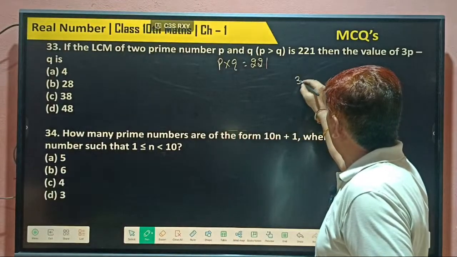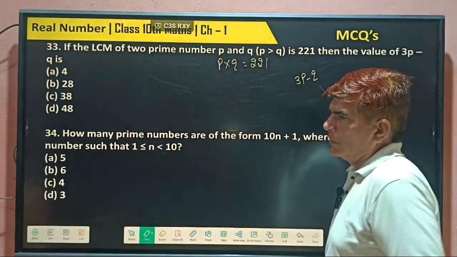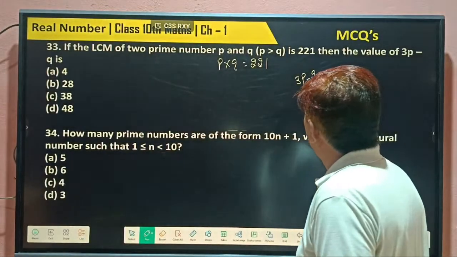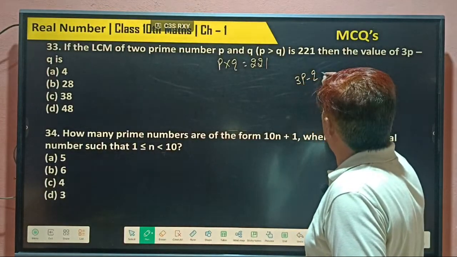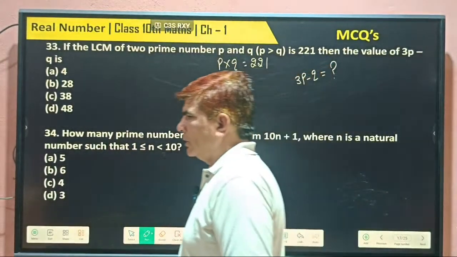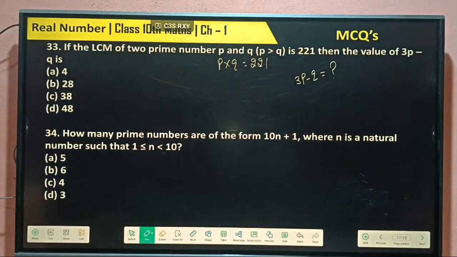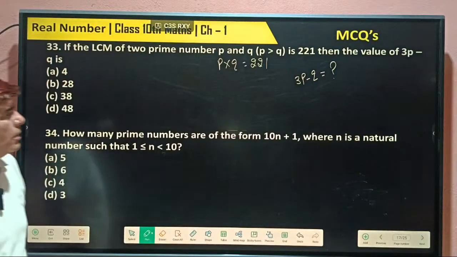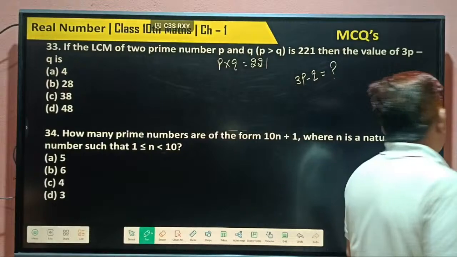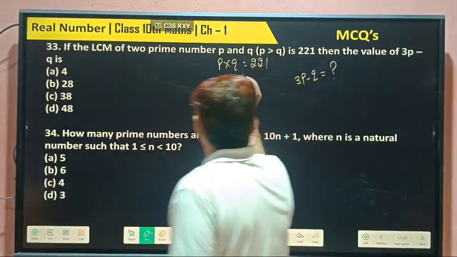We have to find out 3P minus Q. So you can find out this. So what we can do? You can write the prime factors, make the factors.